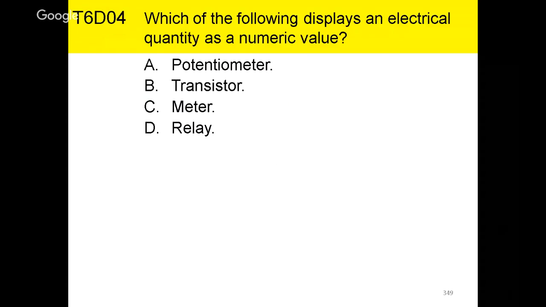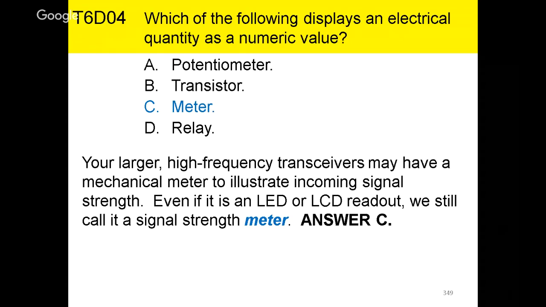Okay, which of the following displays an electrical quantity as a numeric value? Now, if you answered C, you are correct. It is a meter. It shows an electrical quantity as a numeric value.